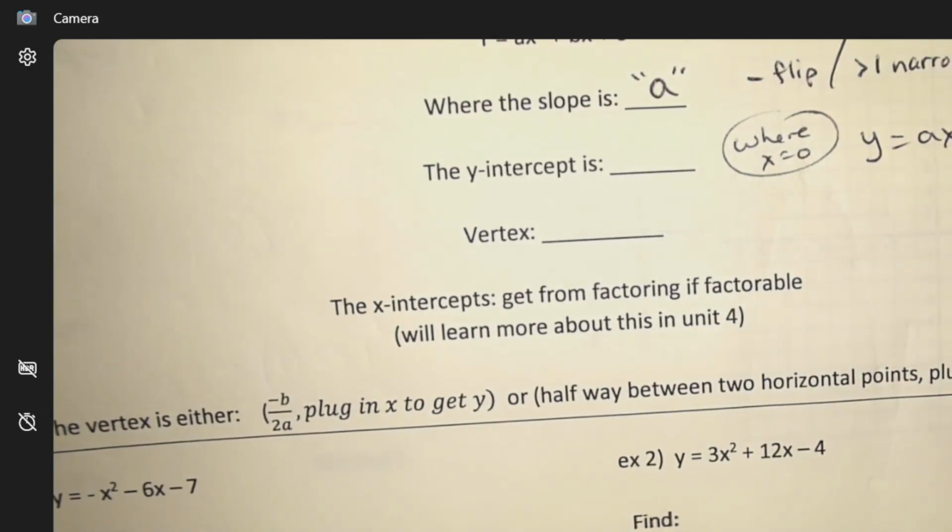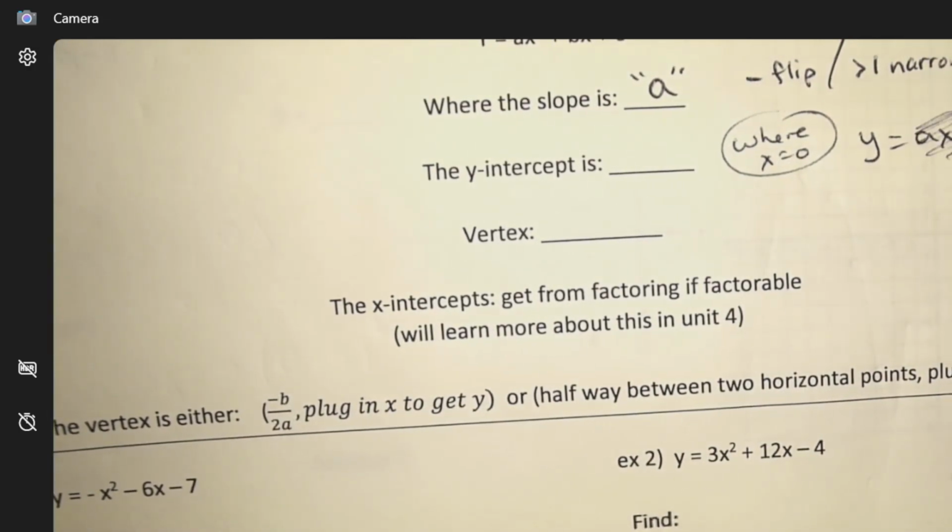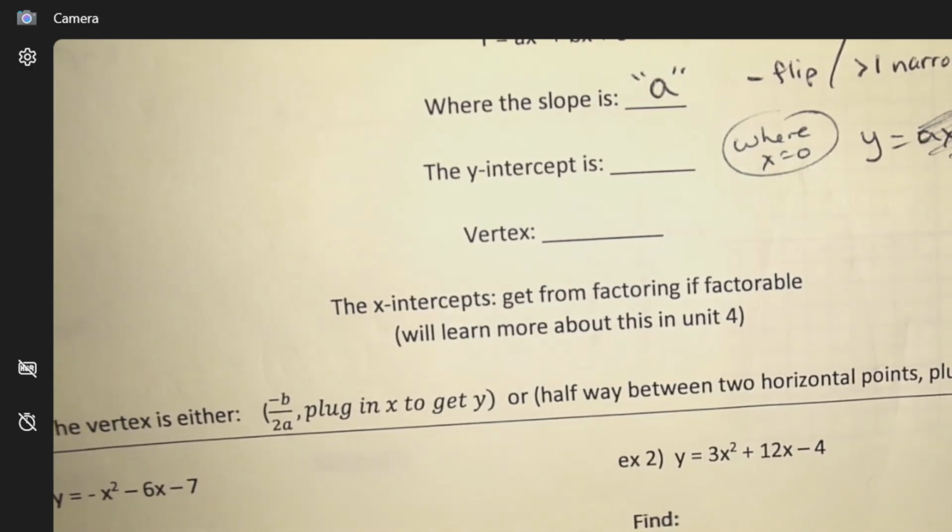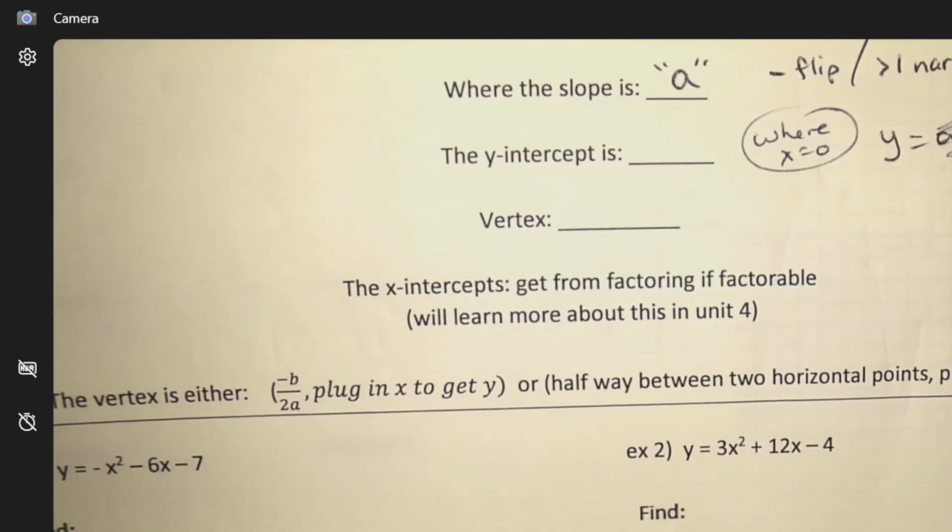If x was 0, this would be gone, because 0 squared times anything is just 0. This would be gone. So the value of your y-intercept would always end up being whatever number is the constant. That's called a constant because it has no variable on it.